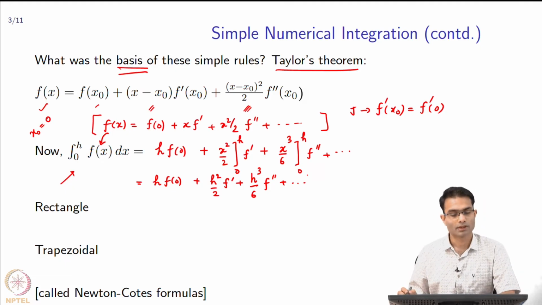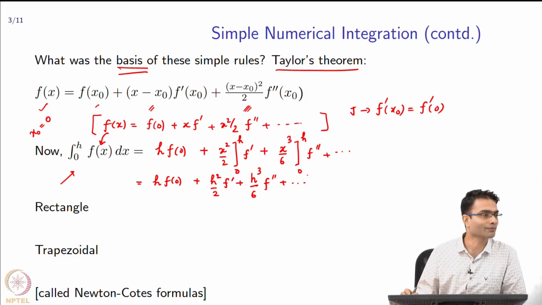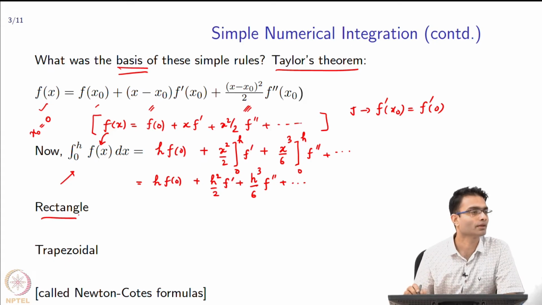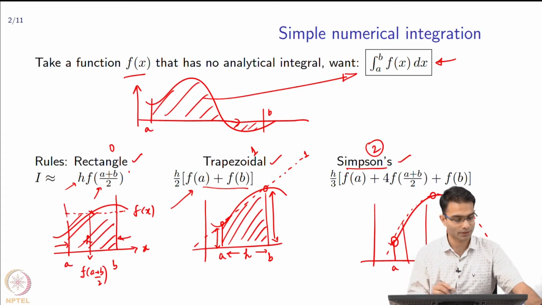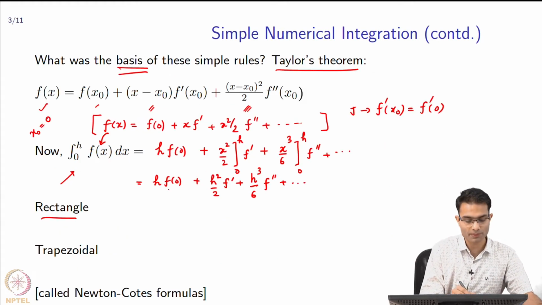Okay, so now you can see where these simple rules that we have seen come from. The rectangle rule that we saw earlier, what did it say? It replaced the function over here by a constant value, right? So in this term, if I keep only the constant term, what will I get?